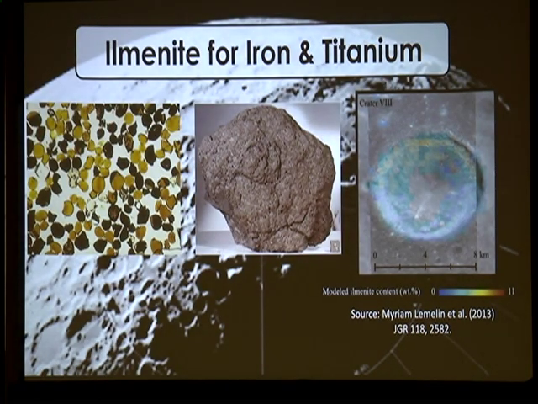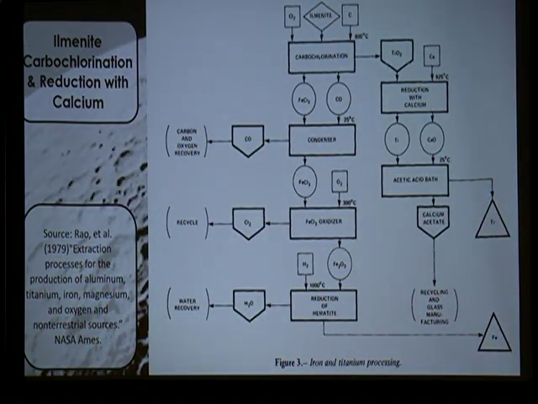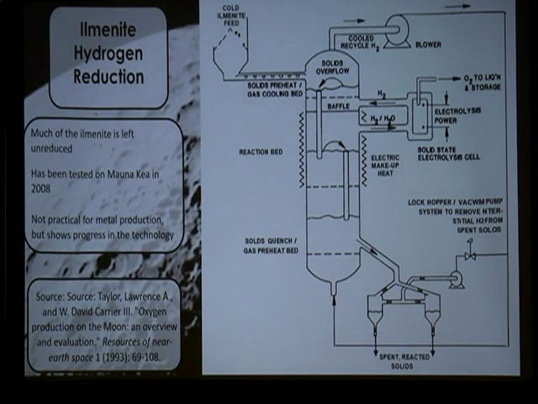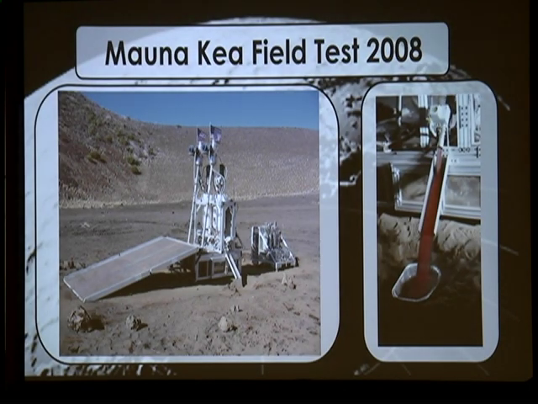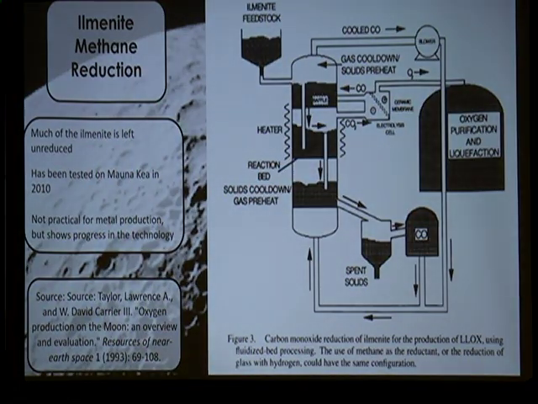Ilmenite for iron. It does bubble up, and there are deposits of ilmenite. We have developed methods for working with ilmenite, but they haven't been built yet. We have built methods of working with ilmenite to get oxygen. We've tested them on Mauna Kea, and they work. We've also tested more advanced methods using methane as a reactant.